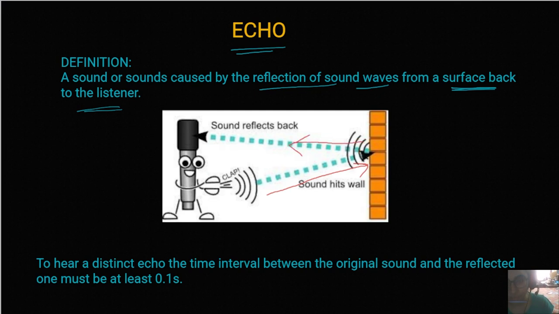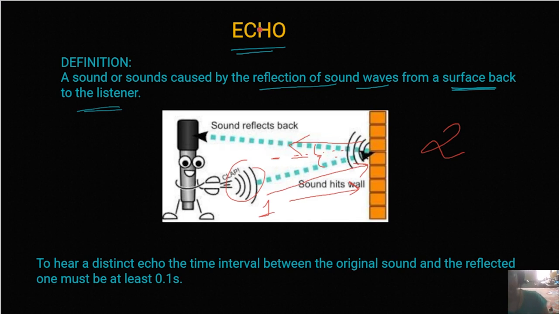If you draw an imaginary normal here, you will see that angle I equals angle R, and the sound is getting reflected at the same angle and coming back to the listener. So how many sounds is the listener hearing? It is basically two sounds, right? Like one immediately after the sound is produced, you hear sound number one, and the second one you hear after it is reflected back.